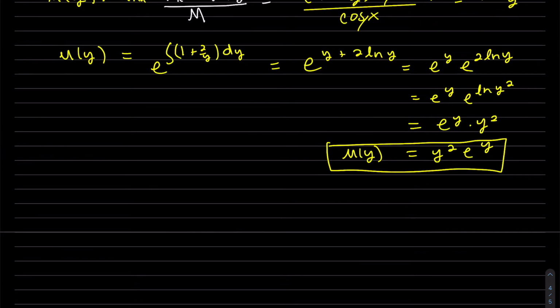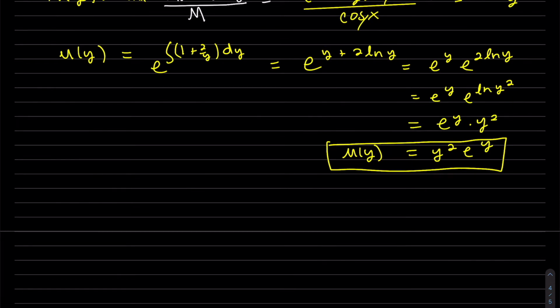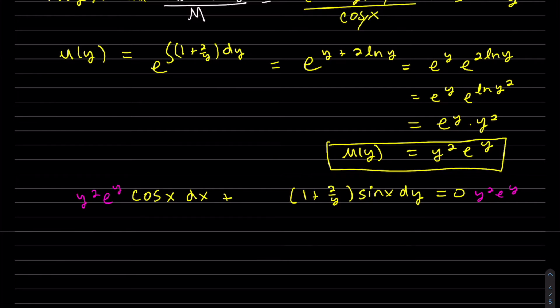Take our original equation, which was cosine of x dx. Multiply by your integrating factor on both sides. And of course, that's still zeros. Go ahead and distribute that.